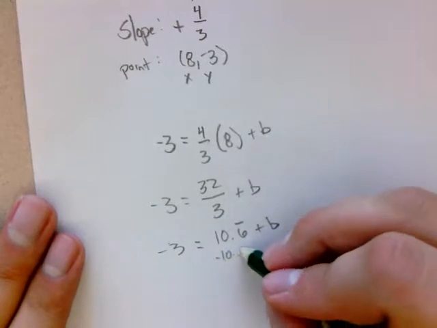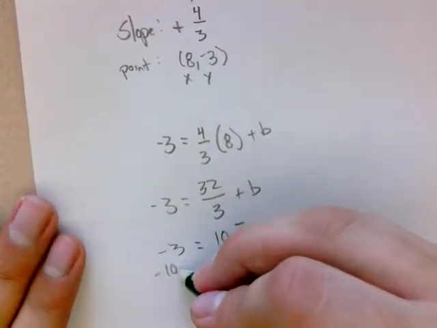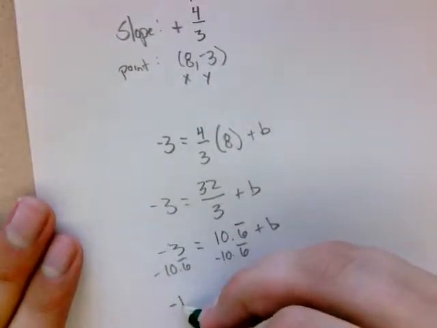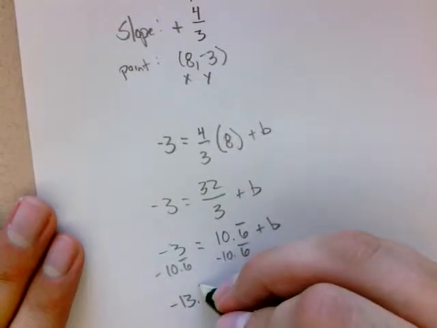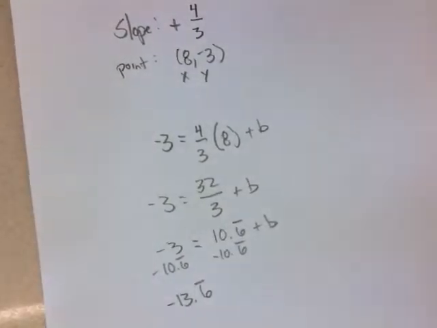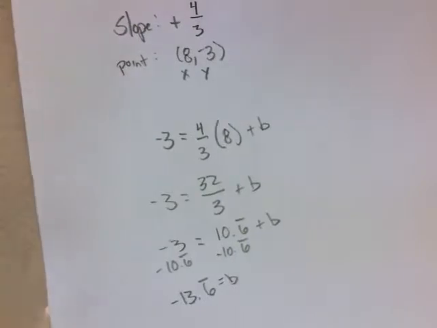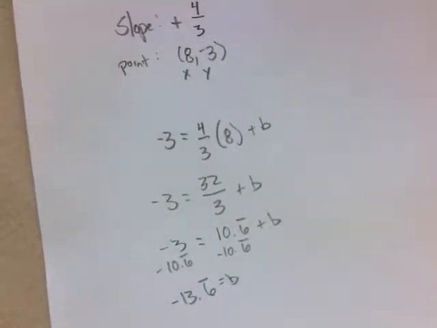Subtract 10.6 repeating from both sides. Negative 13.6 repeating equals b. Okay, let's copy that down real fast.